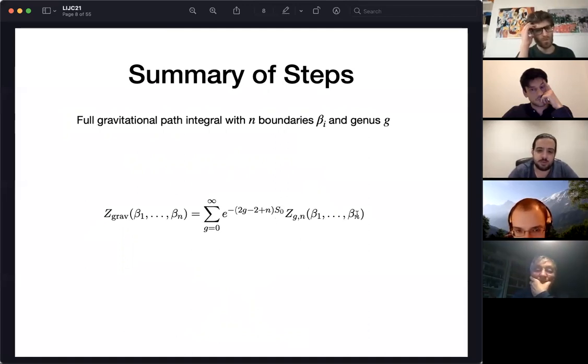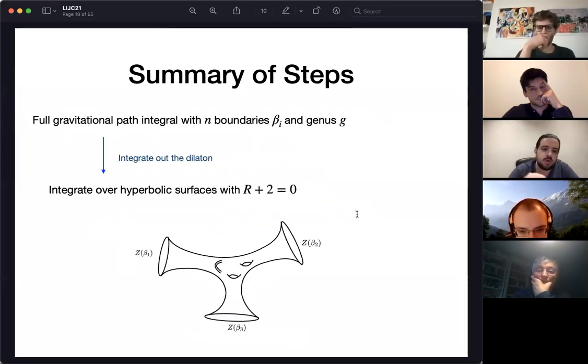The next step is to compute this quantity Z_{g,n} with a fixed number of boundaries at fixed genus. First, we integrate out the dilaton again, so the integral over the metric collapses to an integral over hyperbolic surfaces. This is an example with 3 boundaries and 3 handles, where this is supposed to be a hyperbolic metric, but don't take the picture too seriously.